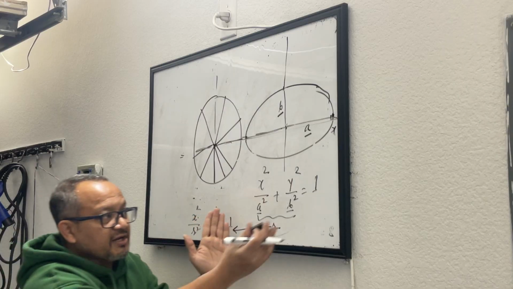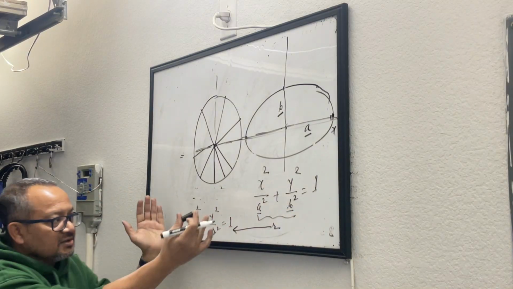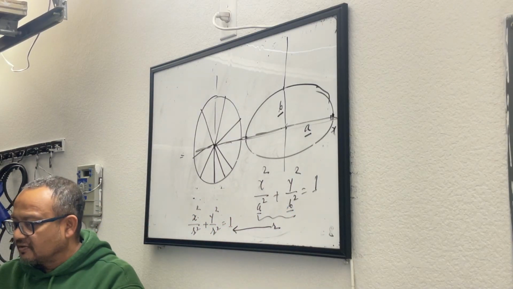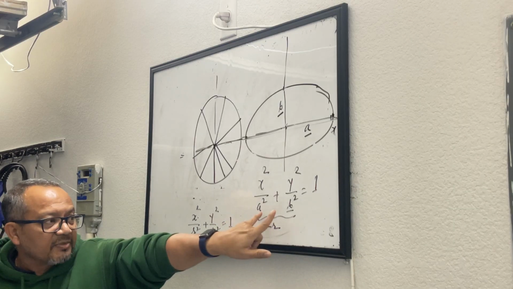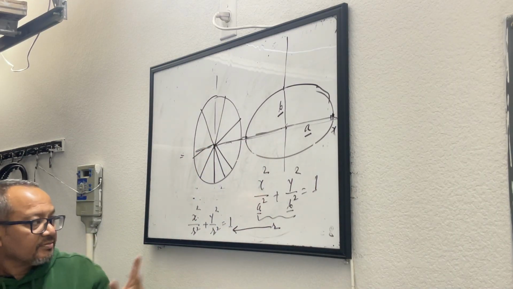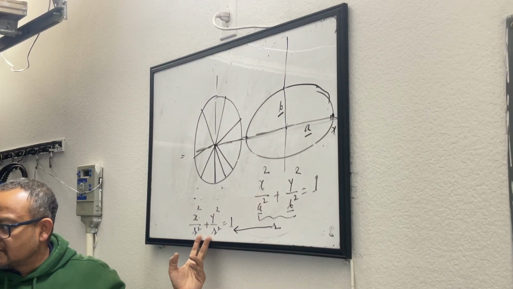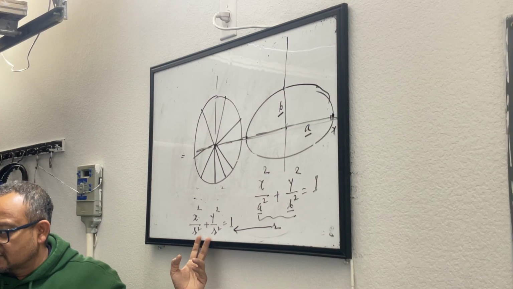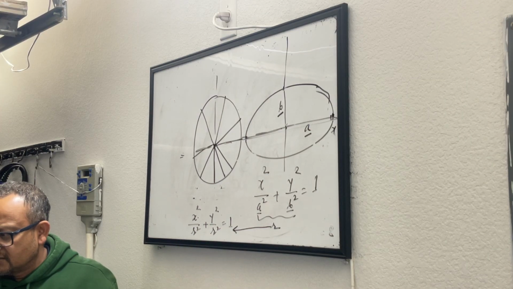Because this is more generic in nature, this is a customized version of it, where both the radiuses are matching, meaning you are squeezing it so much so that your minor and major radius are the same. You come across a circle. Is that okay?